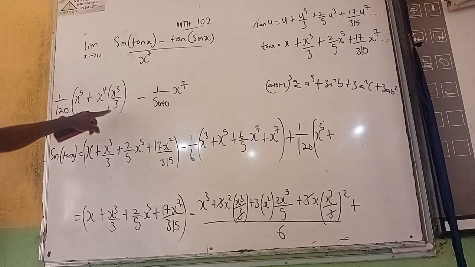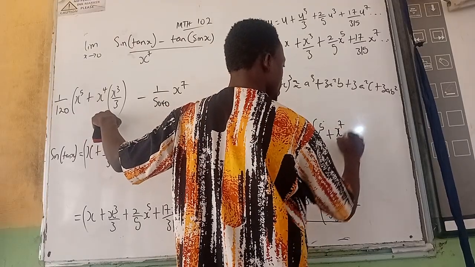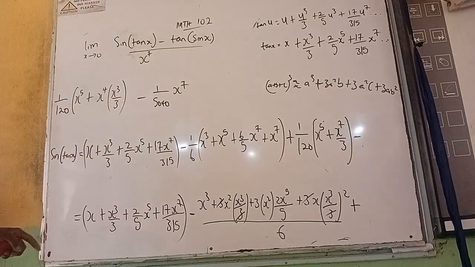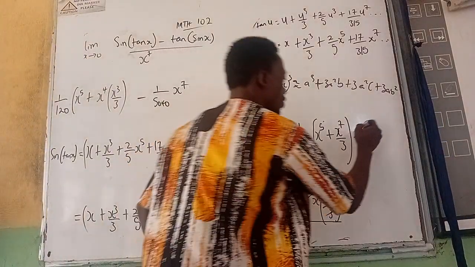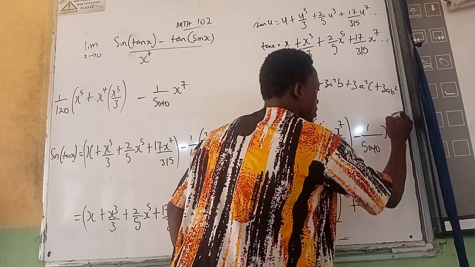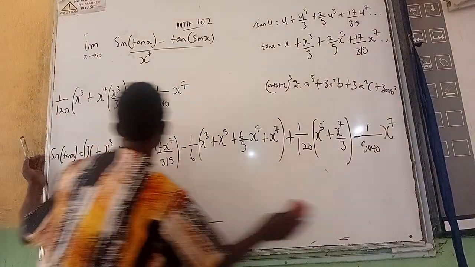You know you add the powers since the bases are equal. So here we have x^7 over 3 minus the last term, 1 over 5040 x^7. So that's our sin(tan x).